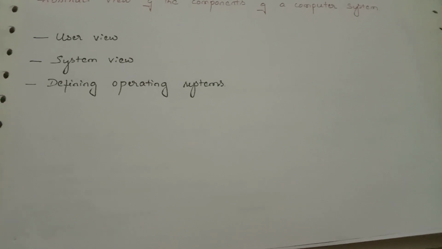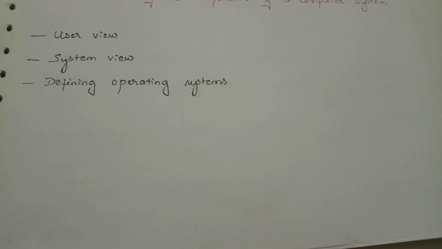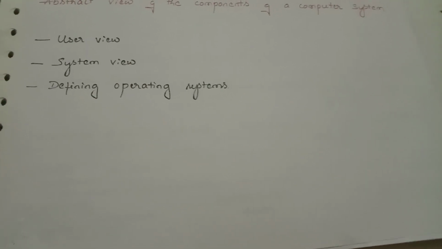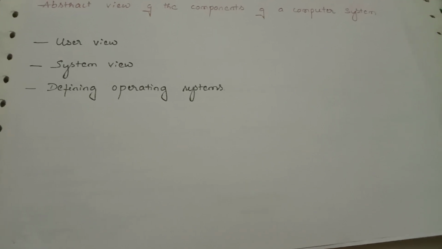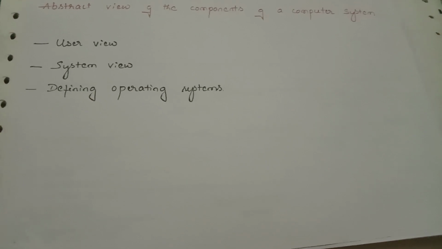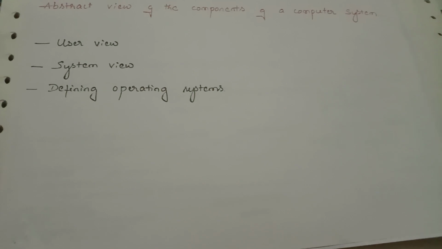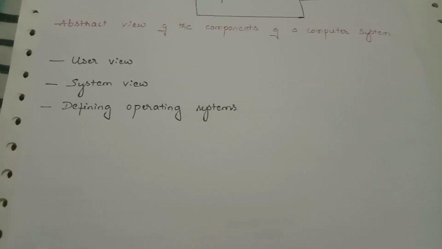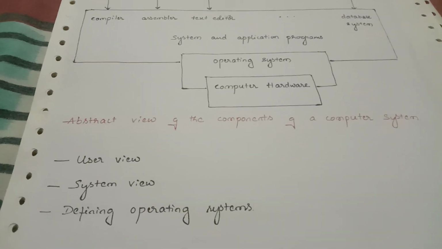Along with this kernel, there are other types of programs associated with the operating system but not part of the kernel, which we call system programs. And the application programs include all programs not associated with the operating system, as you can see in the diagram.